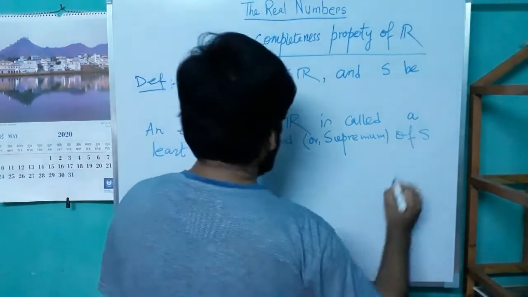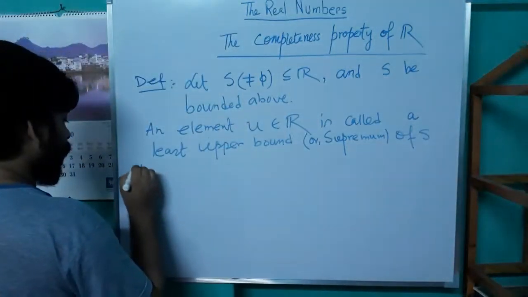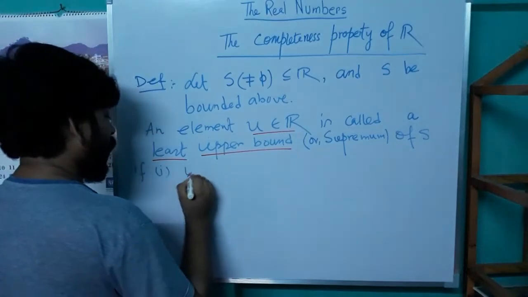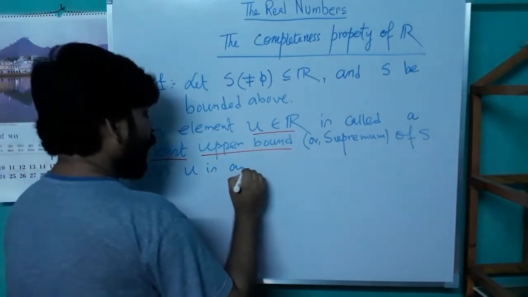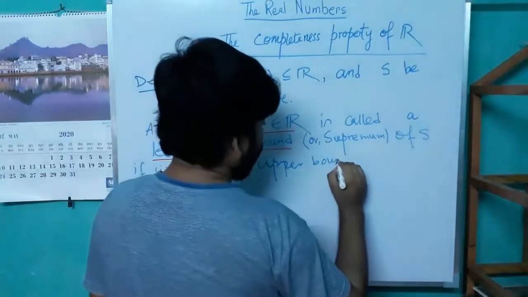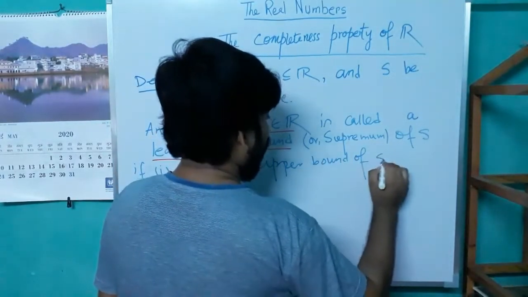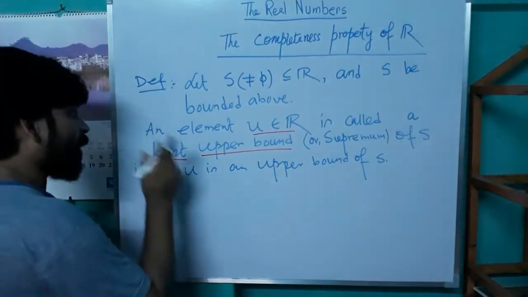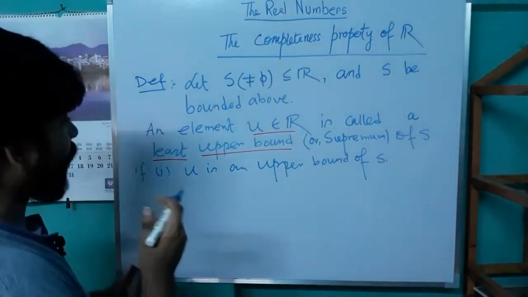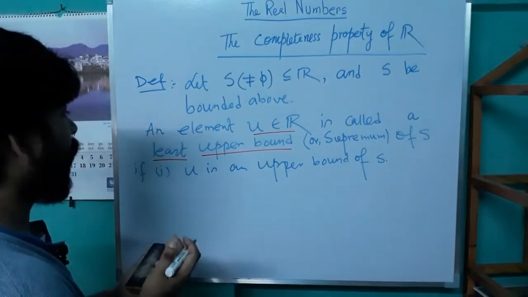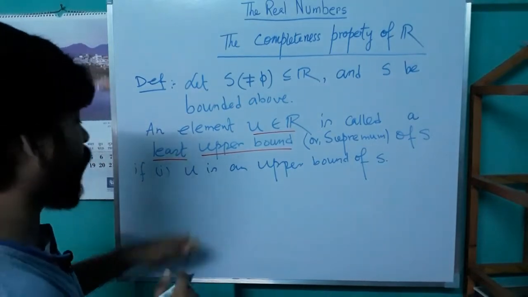of S if, first of all, U is an upper bound of S. Second, U is the least upper bound. So if that set has more than one upper bound, then U must be least.